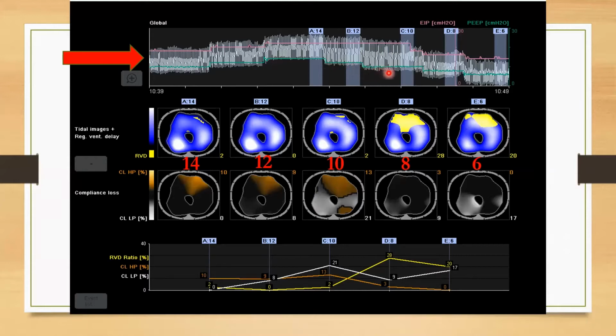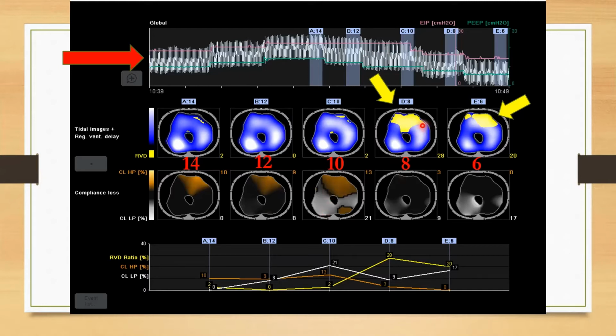So right away, your eye catches that. Another thing that catches my eye is these yellow areas over here. This means alveolar instability, a residual volume delay. Basically, when it comes to the PEEP studies, you don't want orange, you don't want white, and you also don't want this yellow. It indicates that the alveoli are unstable.